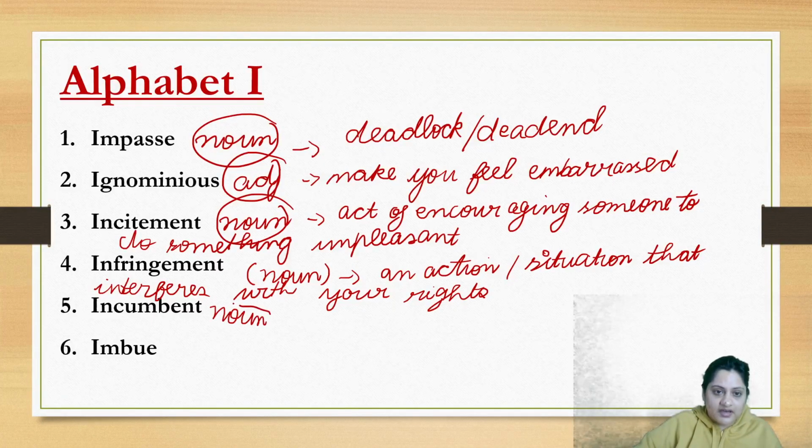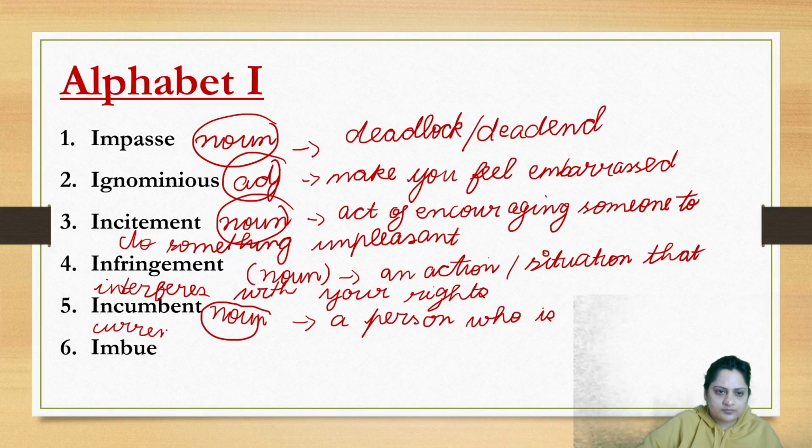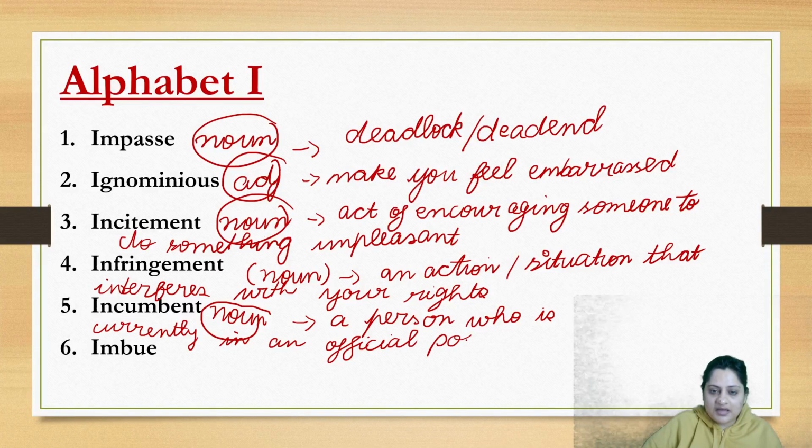Incumbent, guys, again a noun. Any person who is currently holding office in an official position, holding one post. Padhari is one who has a post, who is at a position in any company or organization, a power position.